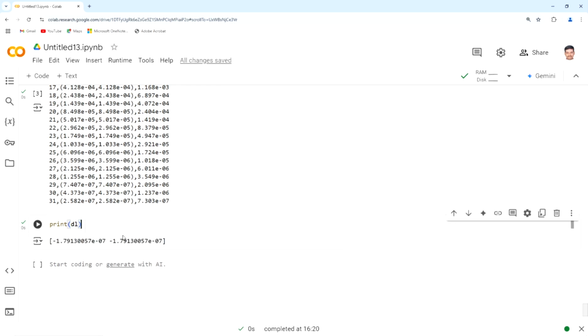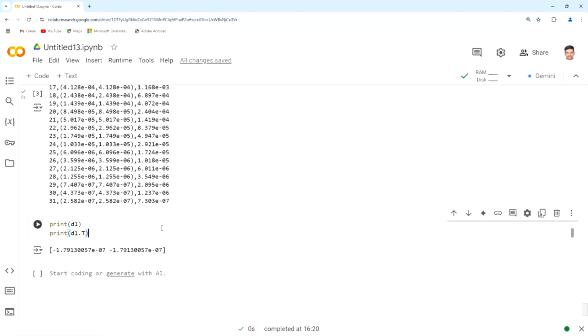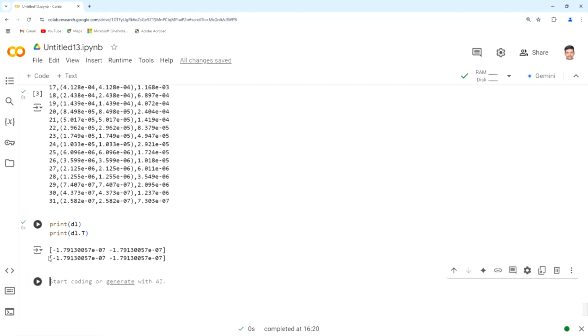If you compute the transpose of a one dimensional array, you can see that it is the same matrix. Transpose is meaningful, at least in Python, when it is a two dimensional array. When you want to compute delta k minus bk gamma k into delta k minus bk gamma k transpose, that is actually a matrix. Delta k minus bk gamma k is a column vector and its transpose is a row vector, so this is an n cross 1 times 1 cross n, which is an n cross n matrix.